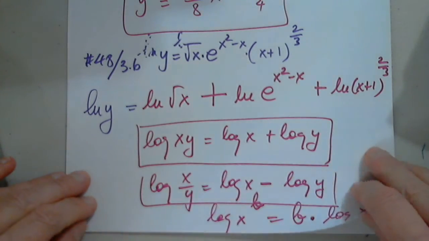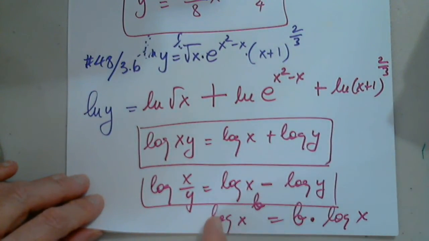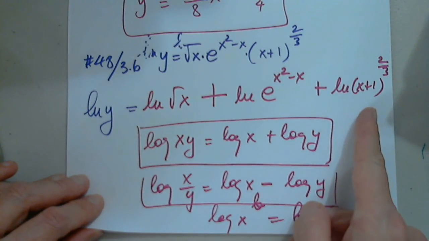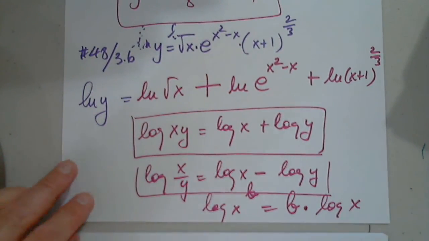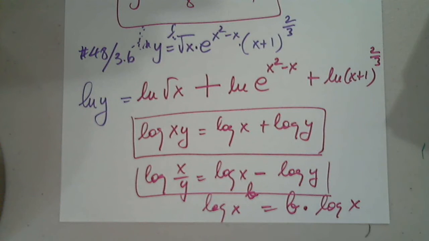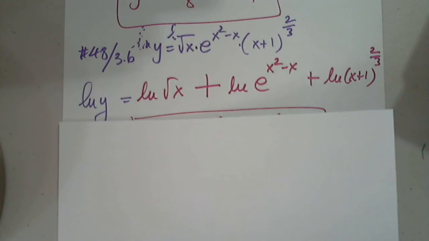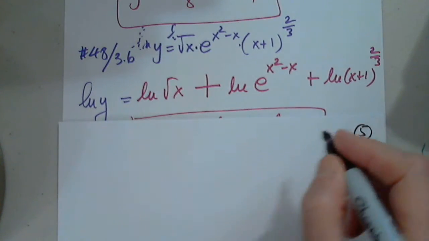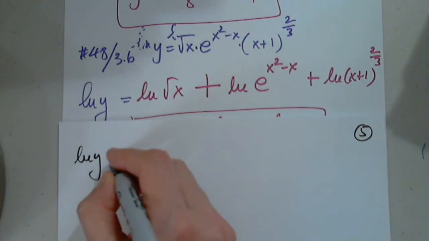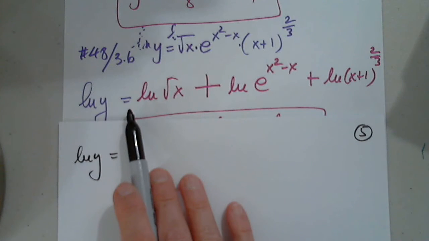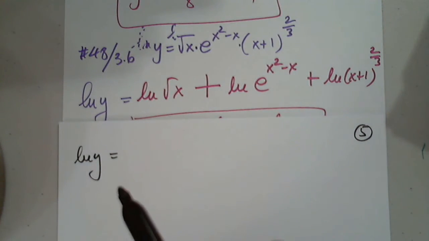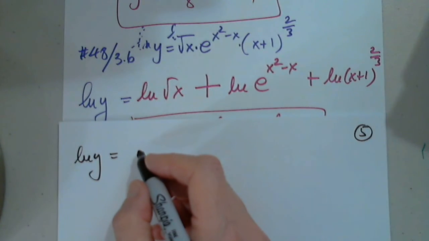Excellent. Now I have to use the power rule because all these have powers to further simplify. So how do I continue? Can anyone help? I have natural log on the left-hand side. What power goes in front here? 1/2.